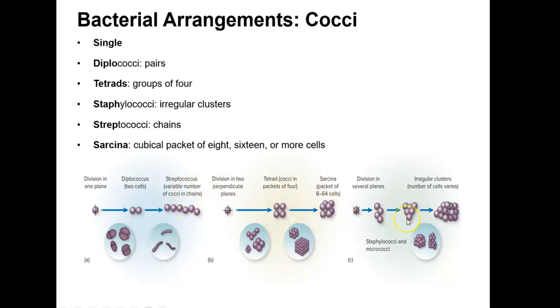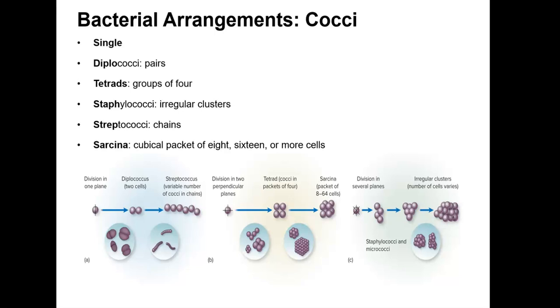Or we can have staphylococci. So that is more of a looser arrangement where we always say it looks like a cluster of grapes where the cells are joined together. So this cluster or irregular formation has the prefix of staphylo.